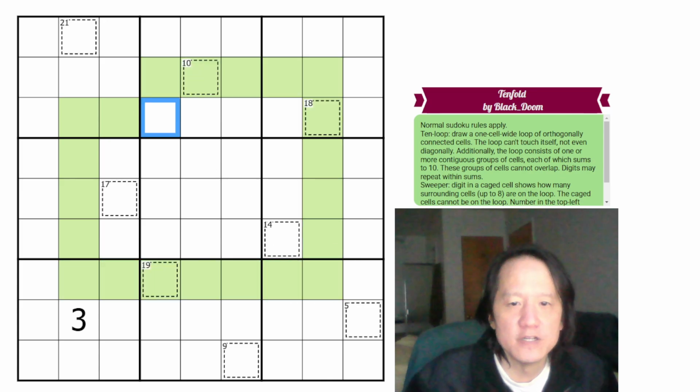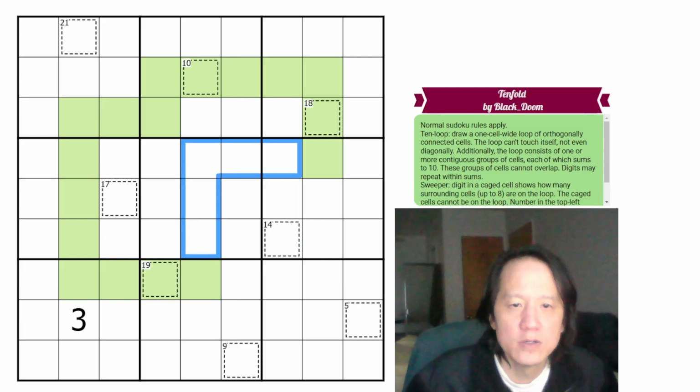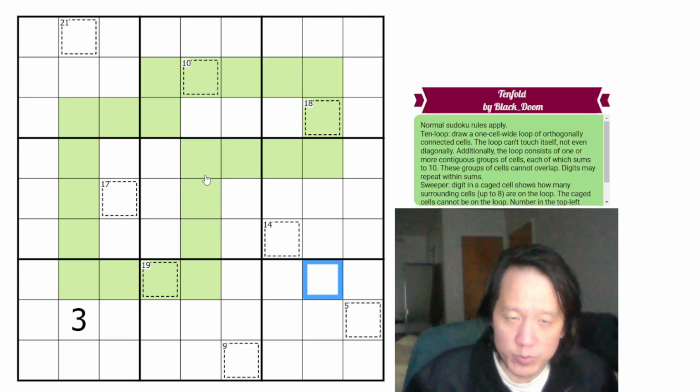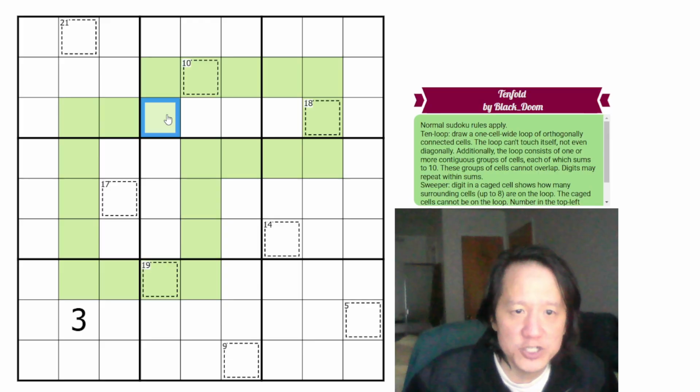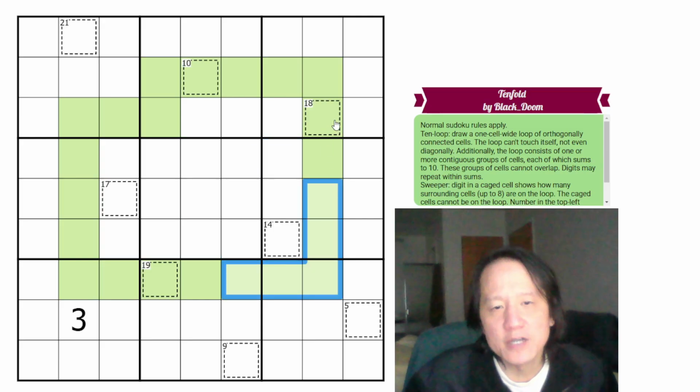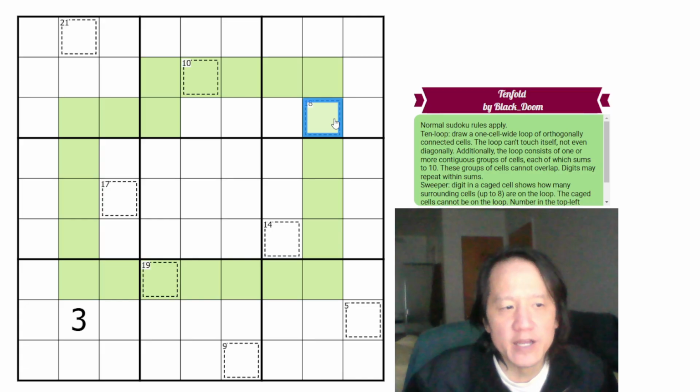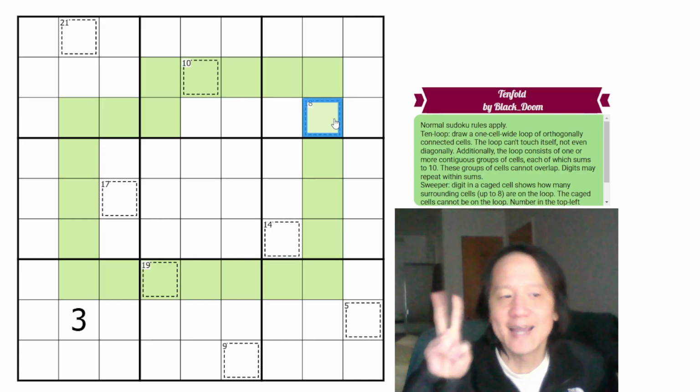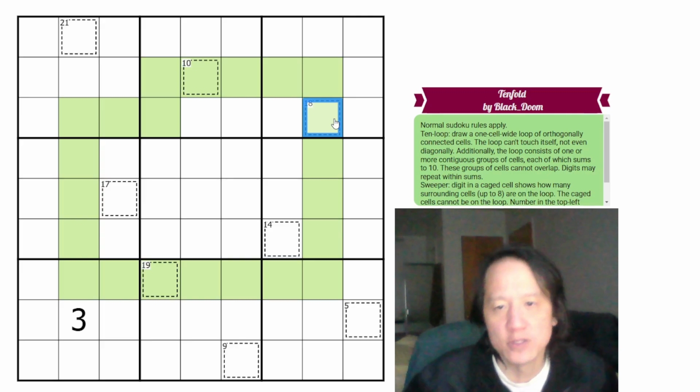In addition, if we had this go down here and this part go here, this would not be a valid loop because this would be touching itself diagonally. So again, every cell on the loop must share an edge with 2 and exactly 2 other cells on the loop.